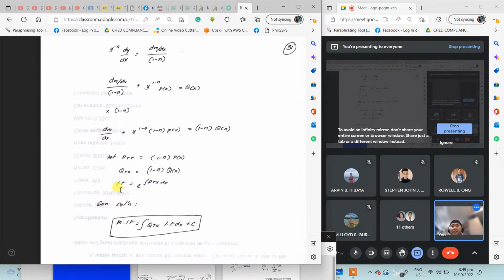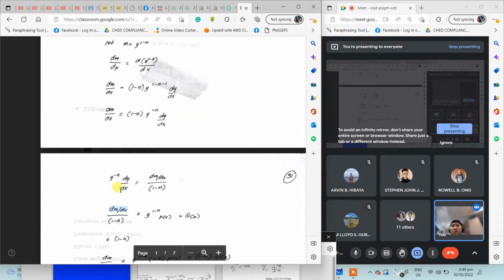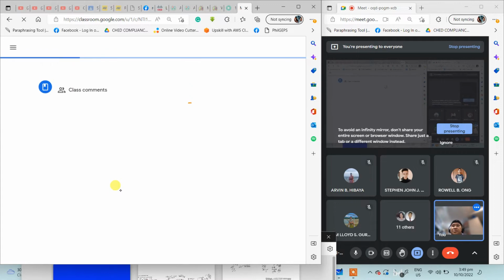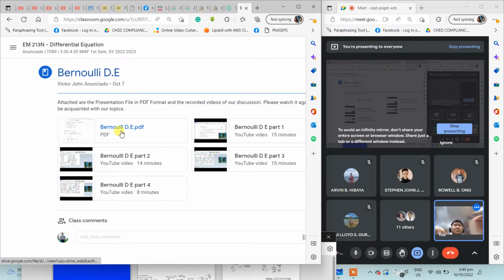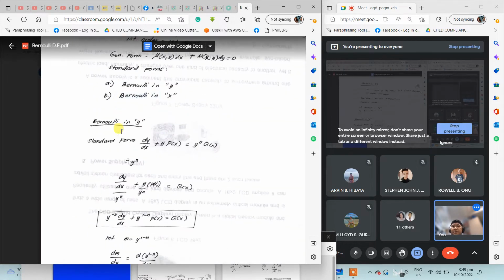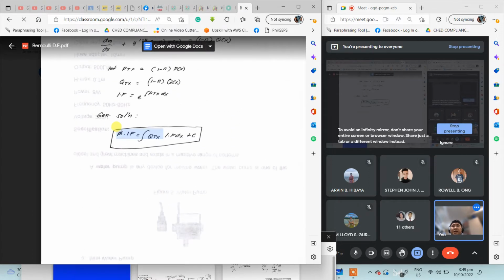After that, you get the integrating factor and substitute it here. What's different here is that instead of y or x, since we use m, that should be m.